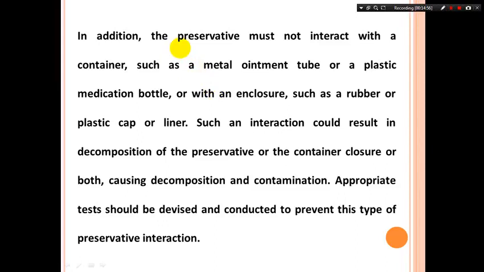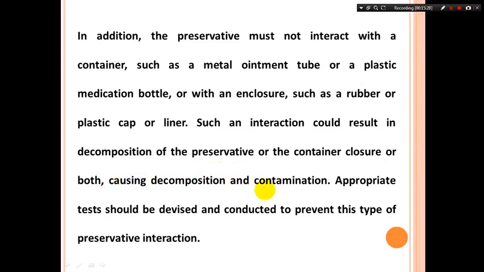Also, we should study the compatibility between the preservatives and the container of the product, such as a metal ointment tube or plastic bottles and closures, because if there is an interaction, it will lead to decomposition of the preservatives or the container or both.